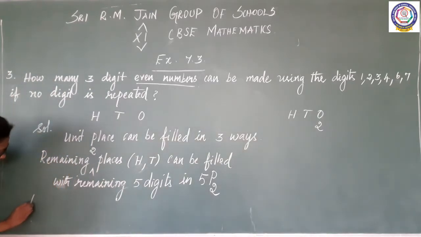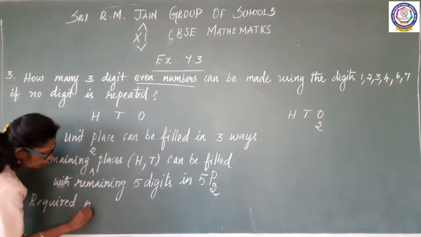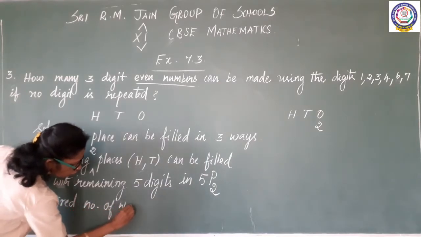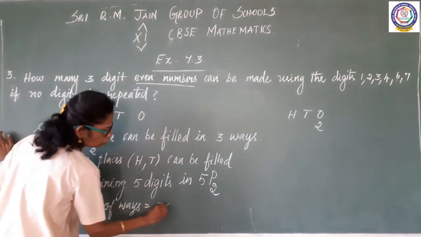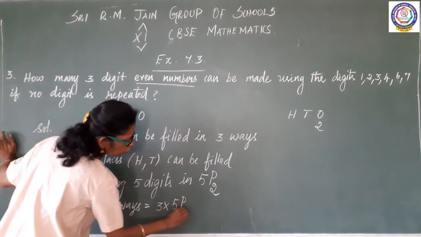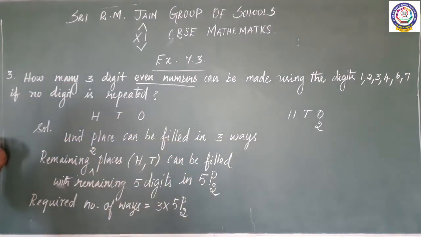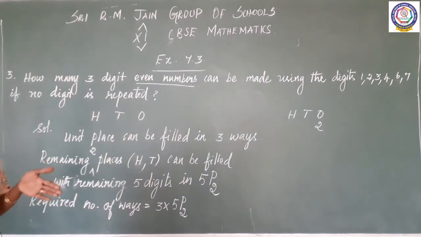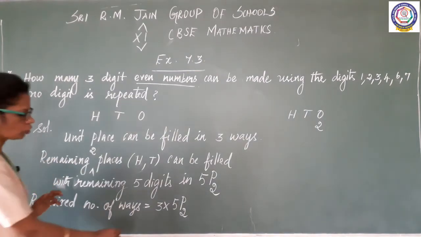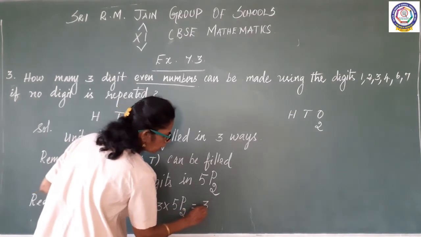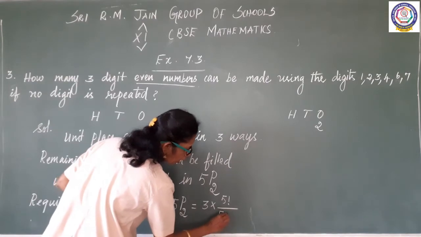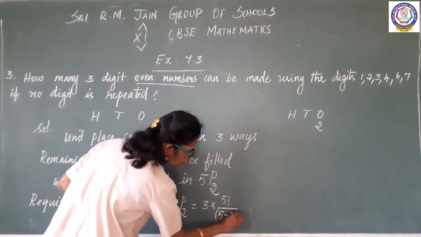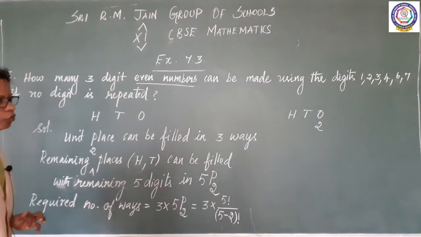Now, the required number of ways equal to 3 into 5P2. What is the formula? I told you nPr. Yeah, very good. n factorial divided by n minus r factorial. Now 3 into 5 factorial divided by 5 minus 2 factorial.